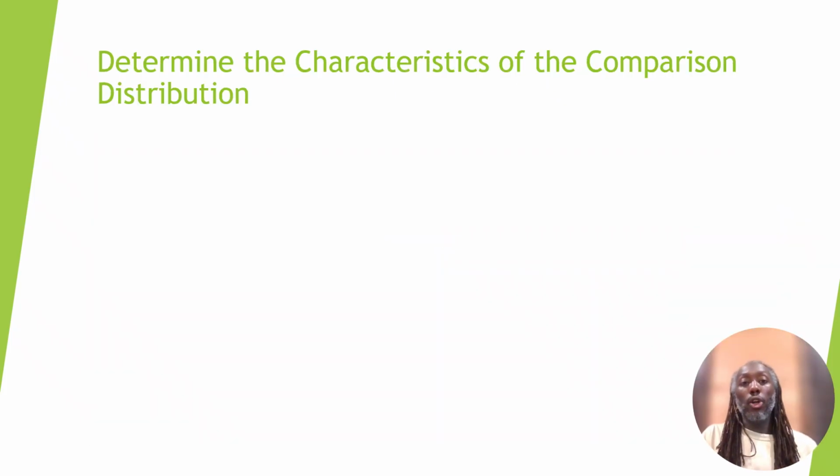Next, we have to determine the characteristics of that comparison distribution. And really, we're just asking, what are we comparing our sample to, right? If we're interested in understanding whether or not productive people have a different screen time than the average person, which is a theoretical population, I don't really know what the average person does, but I'm going to work with an estimate of that theoretical population.